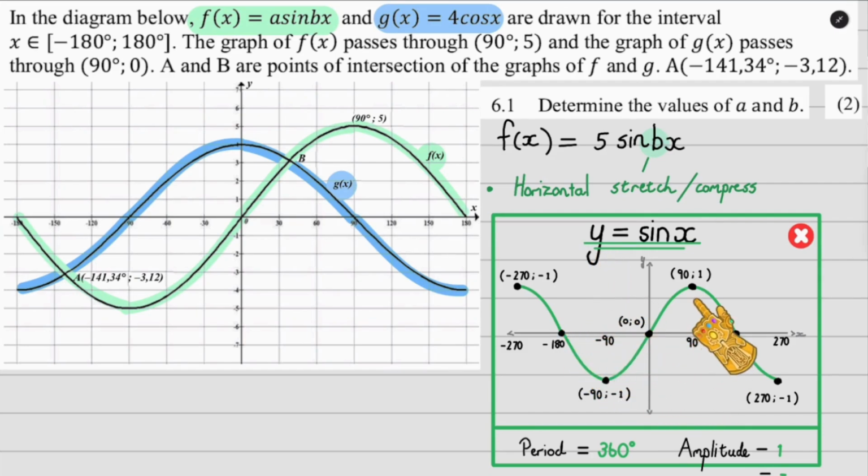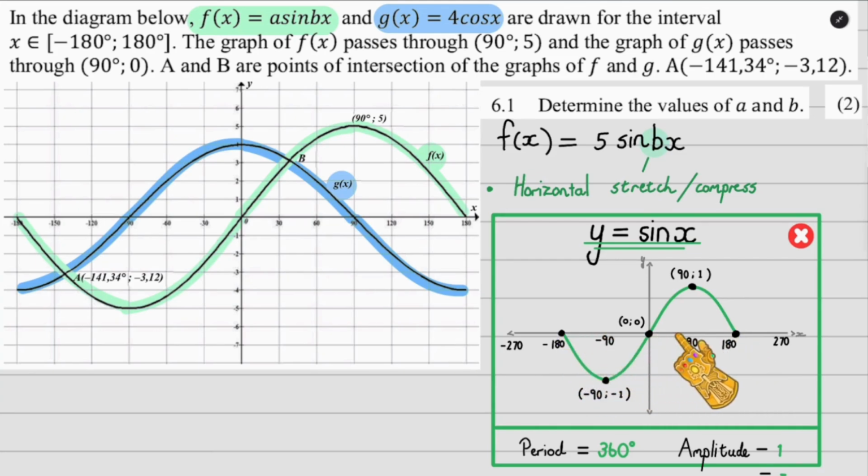If we look at the period of this graph, we just focus on one wave, and by one wave I mean one down and up part of the graph, basically how often it starts repeating itself. It's going to start repeating itself again after that and again after that. So this is one repetition of the graph.